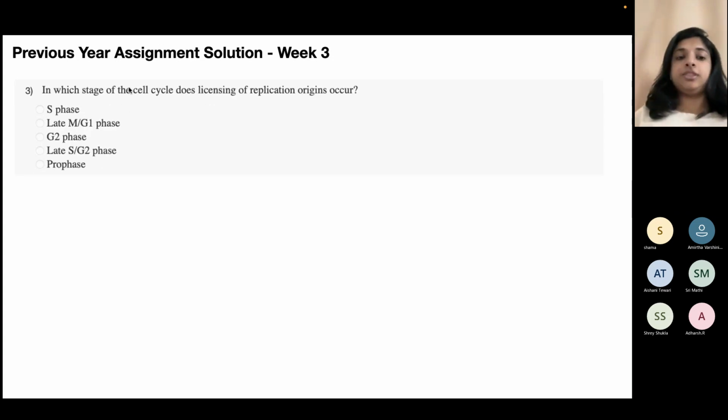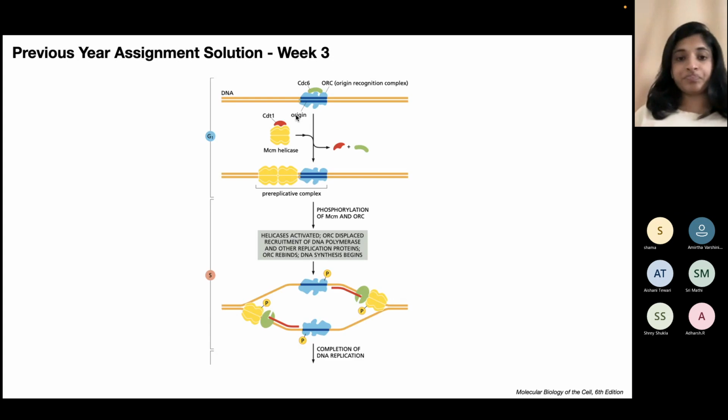The next question was, in which stage of the cell cycle does licensing of replication origins occur? So licensing of replication origin, what does that mean? We have seen that there are regions in the DNA where replication can start. These regions are known as the origin of replication.